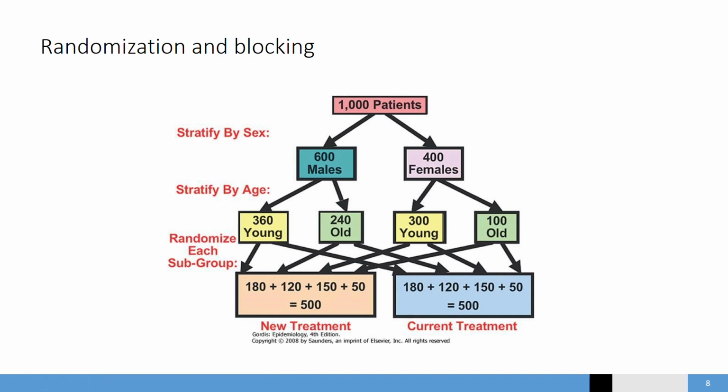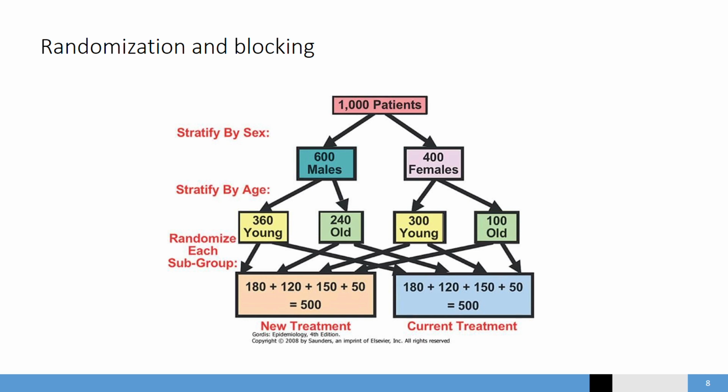The reason this is important is that when you want to show that the treatment is effective, you will have to show that the effect of the treatment is larger than the level of noise, than the level of fluctuations that you see in your measurements.